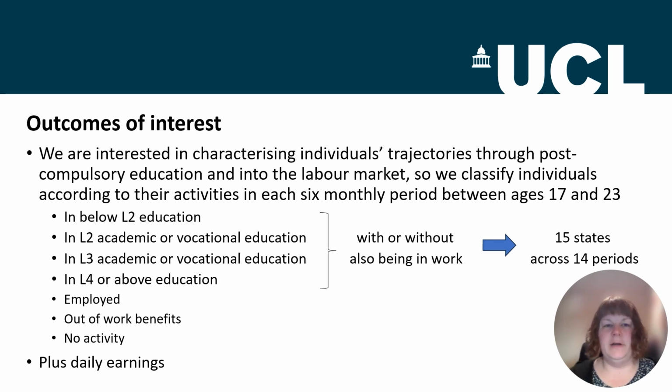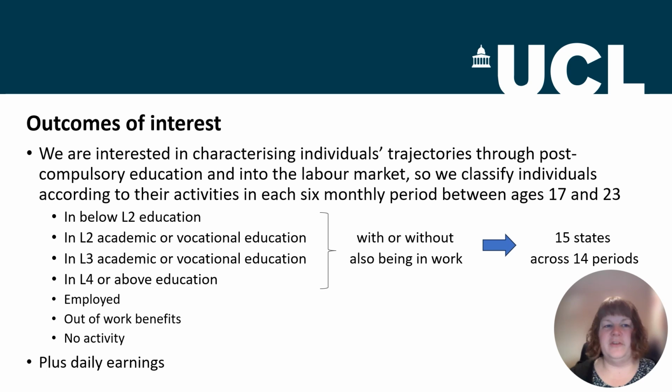And a really nice feature of the LEO data is that we're also able to look not only whether people are in education at a given point in time, but also whether they're simultaneously in work. So for each of those types of education, we can classify people according to whether they are or are not also working in the same 6-monthly period.